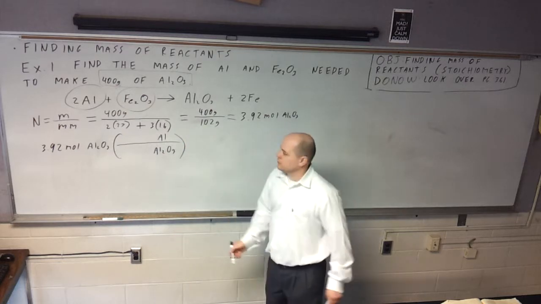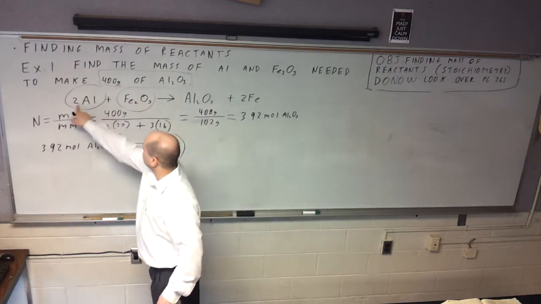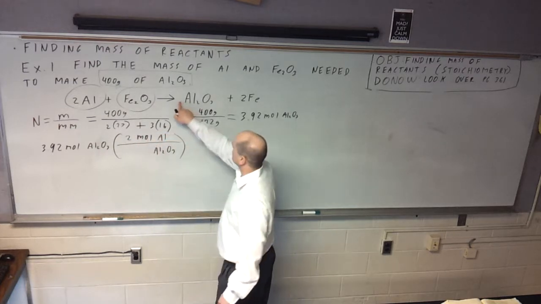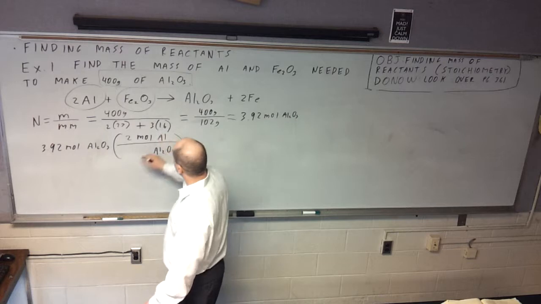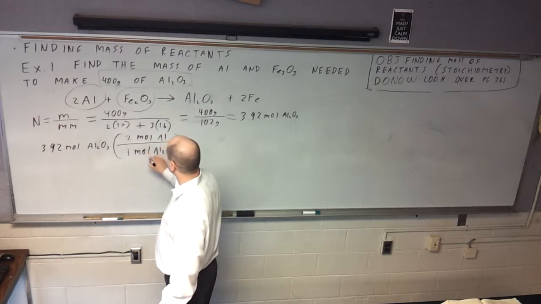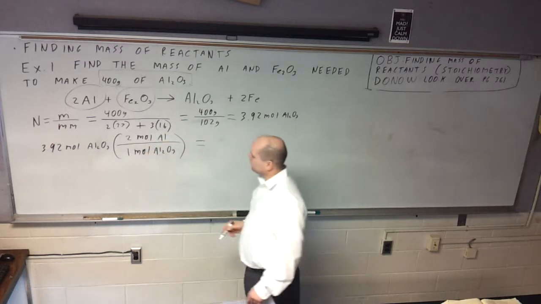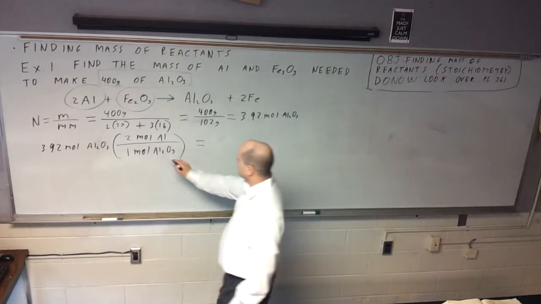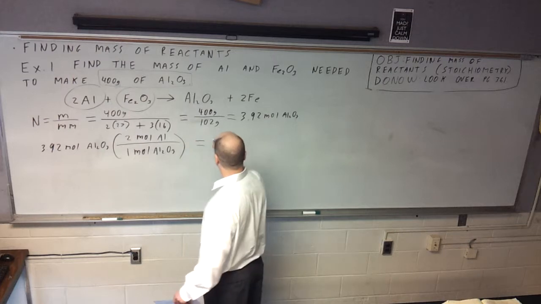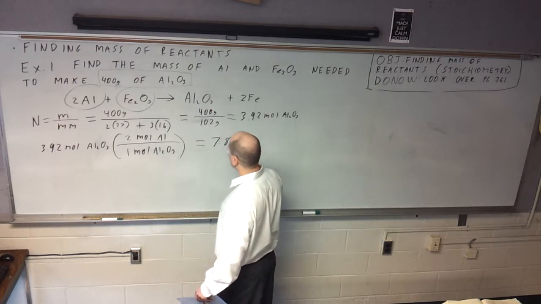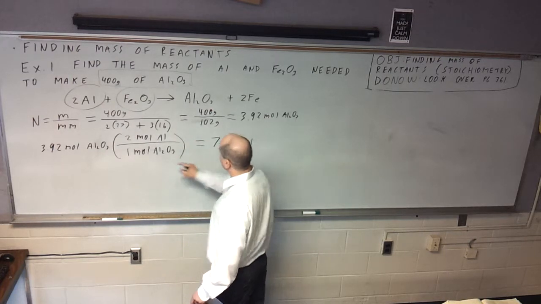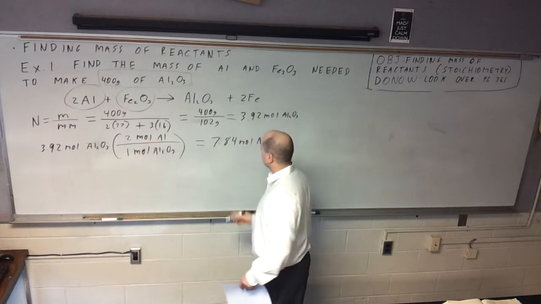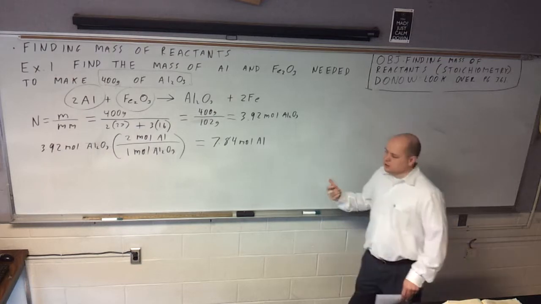Now we're just writing the mole ratio. 2 is next to aluminum, so 2 moles. And there's nothing next to Al2O3, so it's 1 mole. So it's just going to be 3.92 times 2, and so that's 7.84 moles of, these things go away, just moles of aluminum.